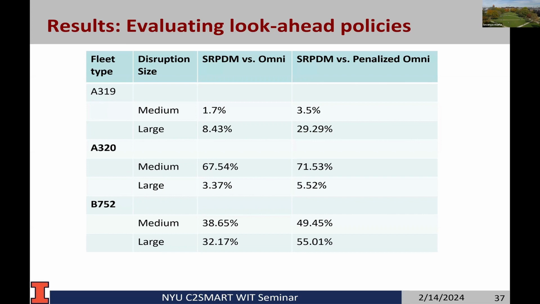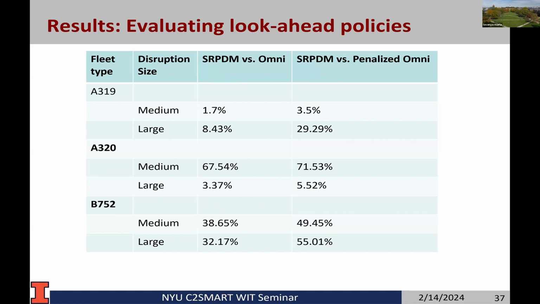But remember, I showed you that we built a new bound, which is also tight, but it's a better bound. If I use that bound, it immediately tells me that the same predictions that I used actually bridge 3.5%, or 29%, or 71% of the gap, not what I thought before, but they're bridging a larger amount of the gap. That means, in general, that the information that I had is actually better than I anticipated. Every time I'm collecting some information, that's actually helping me more than I anticipate.